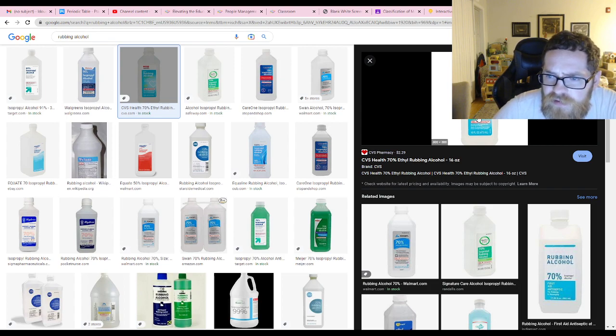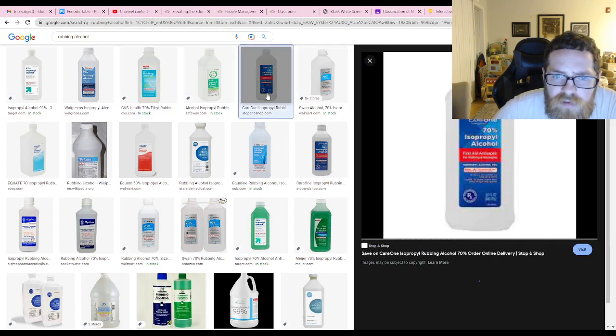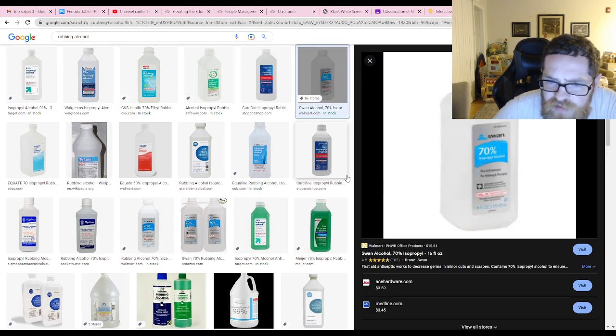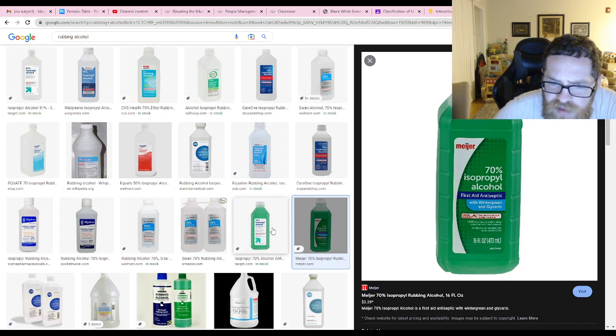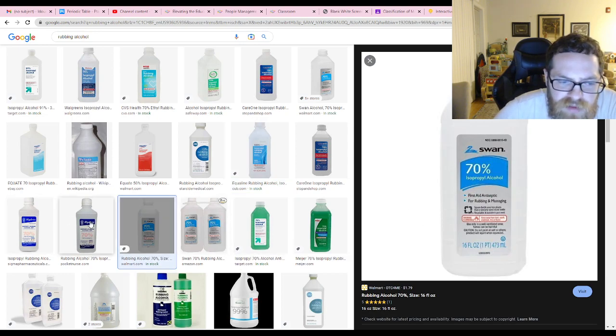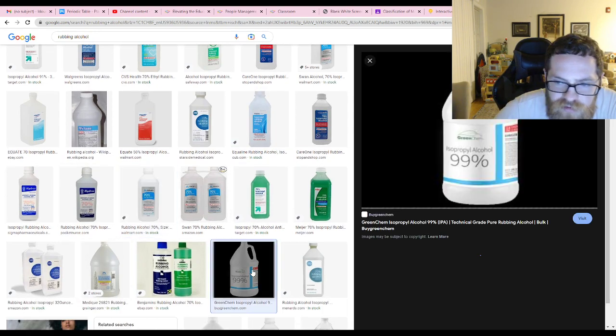70% rubbing alcohol. So 70% isopropyl alcohol, right? What all of that means is, if it is 70% one chemical, it must be 30% another chemical, which in this case is water.